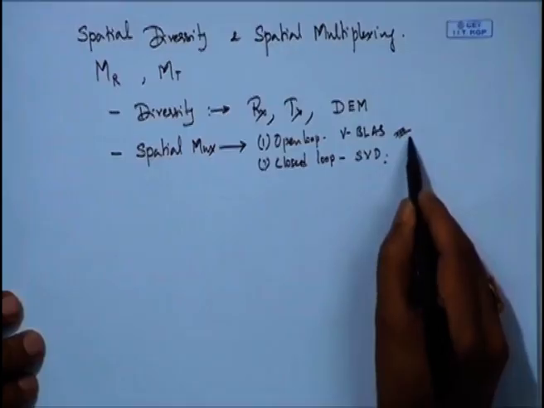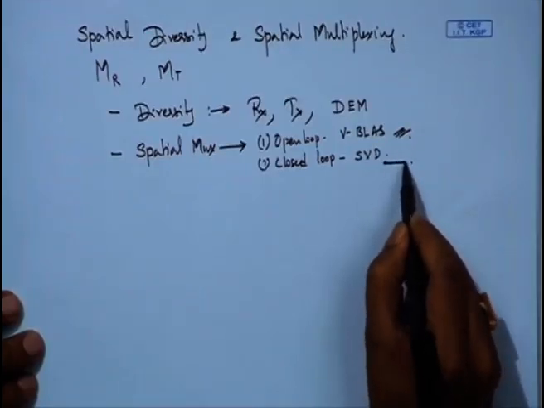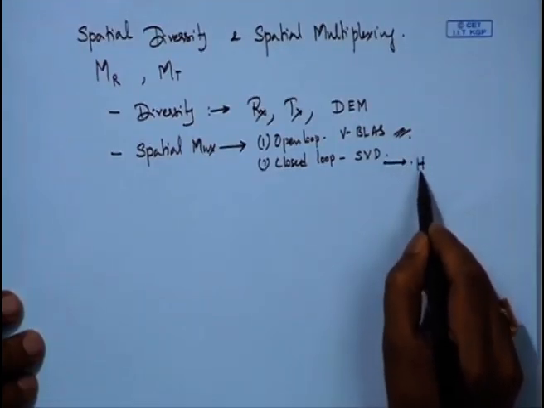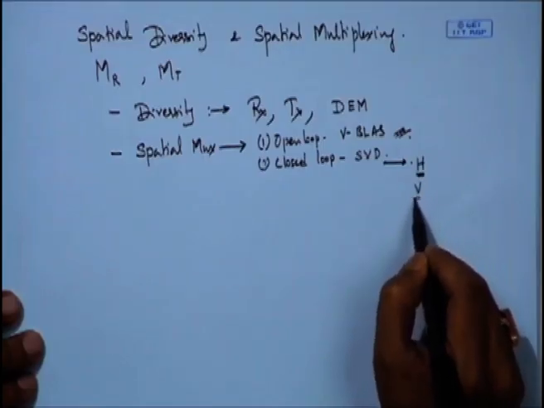That means if there are 4 antennas, I would send symbol 1, symbol 2, symbol 3 and symbol 4 directly into the system. Whereas in the SVD based scheme, there is pre-coding done before it radiates into the air. So these are extreme limits of performance. In SVD, you would require the whole channel matrix, or the V matrix, to be fed back.